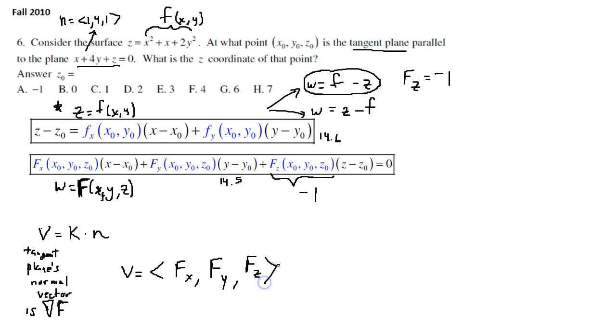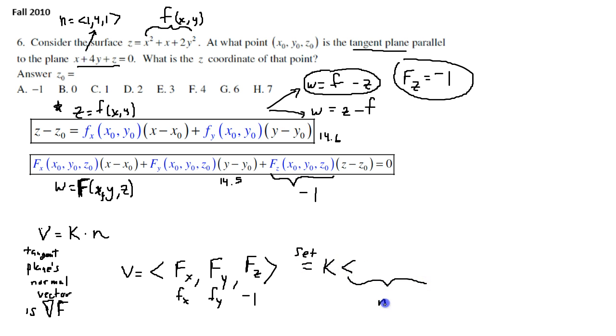But the way we have it set up here is the same as little fx and little fy. But the fz is different. It's not in the other one. What I mean by different is that in this setup that we go with here, F sub z is a negative 1. And then this is supposed to be set equal to some k times the given plane's normal vector, which is 1, 4, 1.